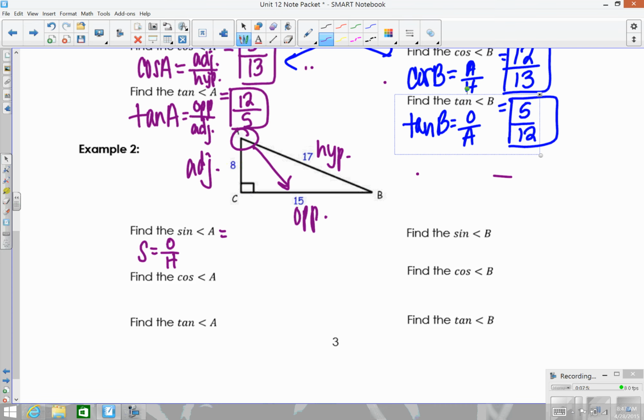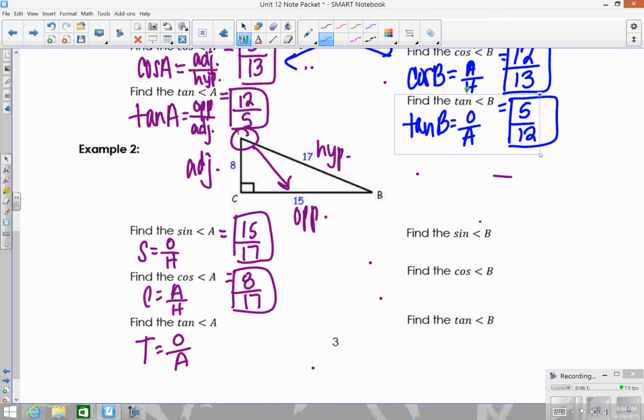So sine of A is 15 over 17. Cosine equals adjacent over hypotenuse. So adjacent, 8 over 17. Tan, so toa. So opposite over adjacent.